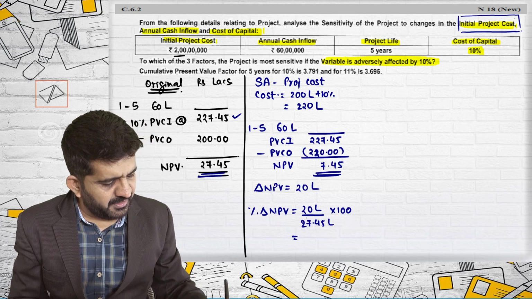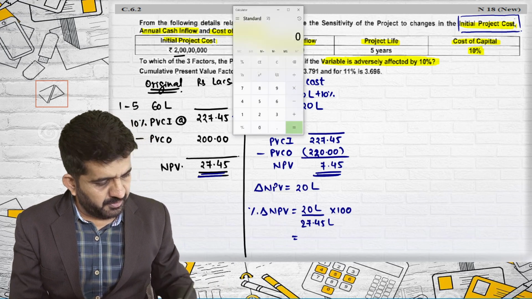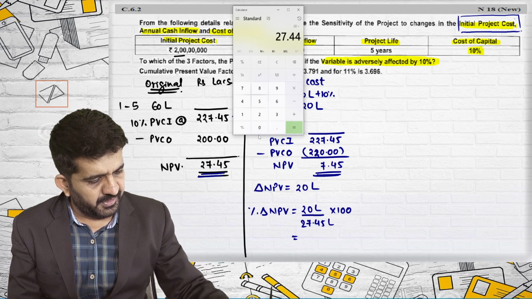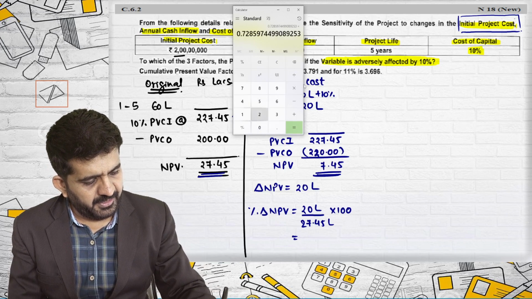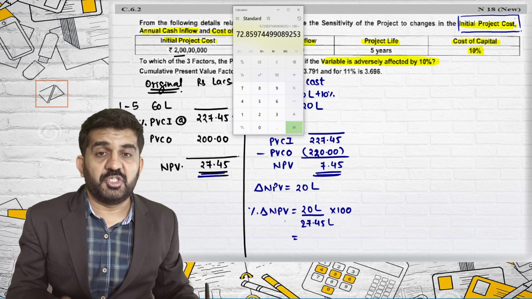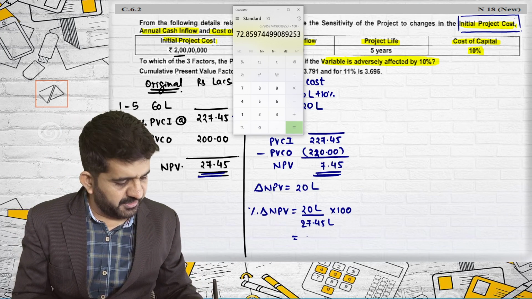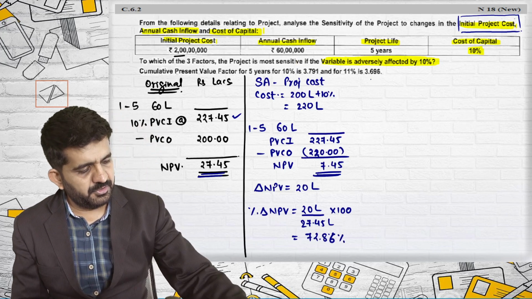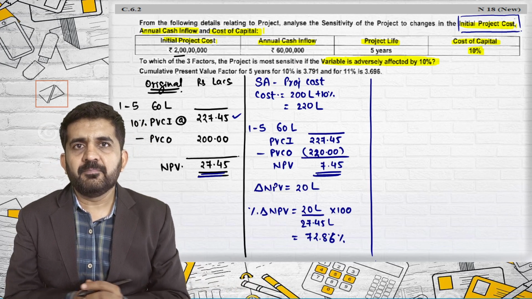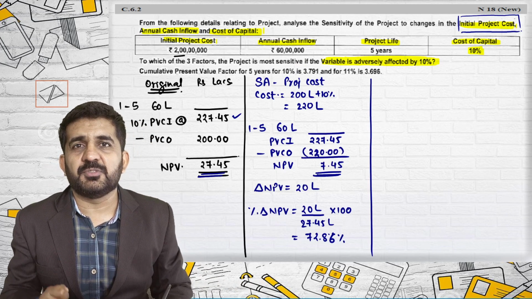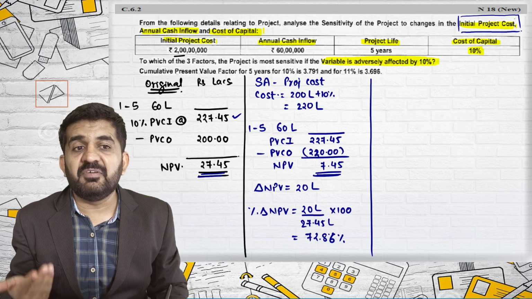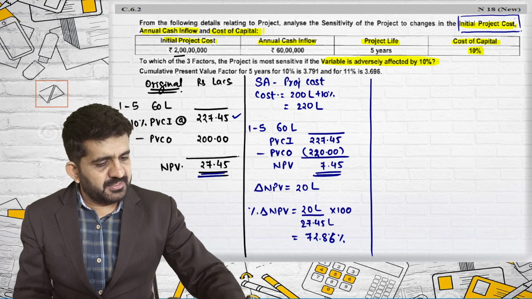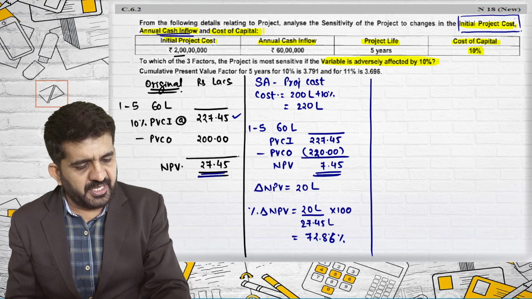This will be 20 divided by 27.45 multiplied by 100, which is a change in NPV of 72.86%. What does this mean? If project cost increases by 10%, NPV will decrease by 72.86%.